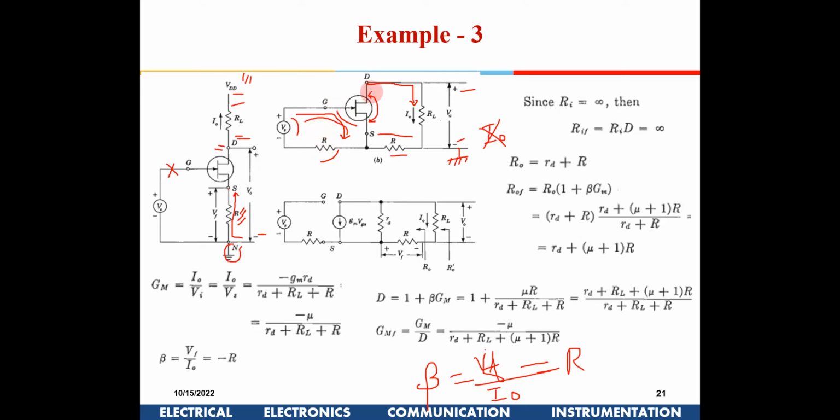So this will be Gm into this voltage, and the output will be Gm into RL. You write that in the equation, and then you find that beta is R in this case, into Gm. Is it understood? This R is not going to make any difference either in the input side or in the output side. In the input side, this voltage will be applied across the source, right?